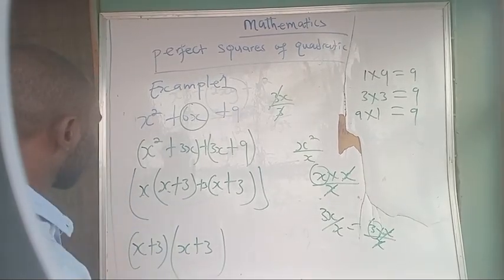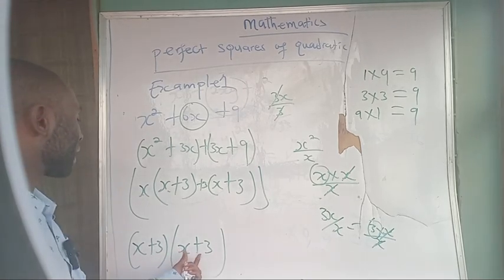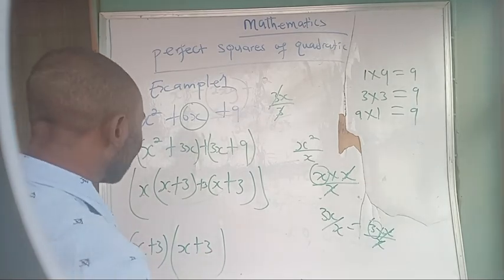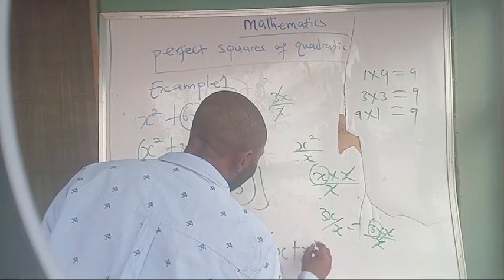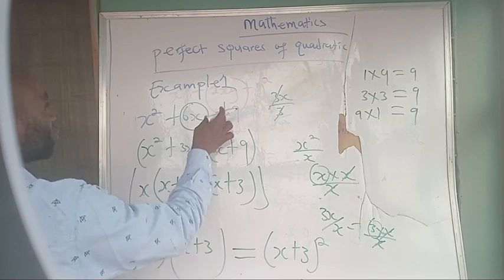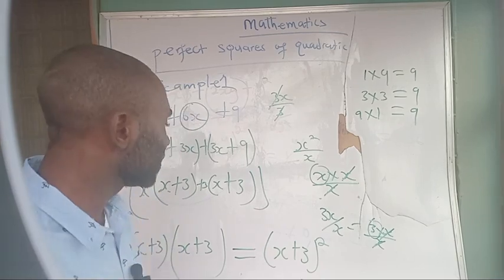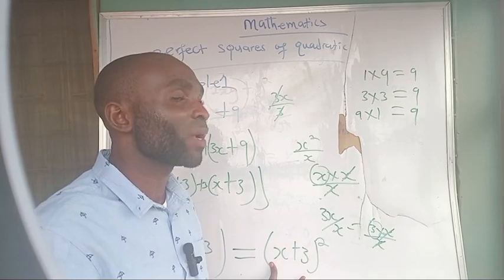So now you discover that the first bracket is x plus 3, and the second bracket is x plus 3, and this will result to (x + 3) raised to the power of 2, as what we got from the initial points. So this equation here is an example of a perfect square equation.